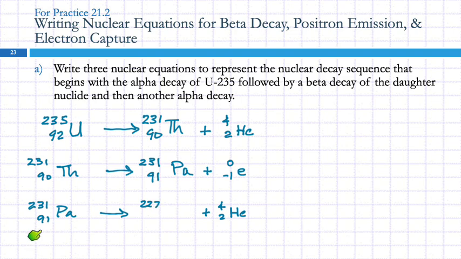And I need 91, so this one must be 89. And 89 is Ac. Any questions? There will be questions like this on exam 4.